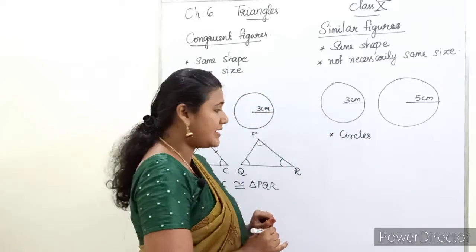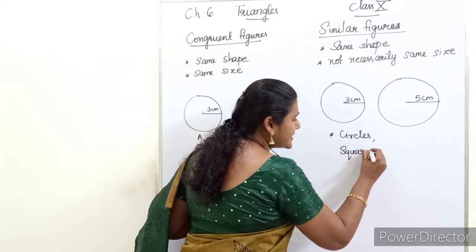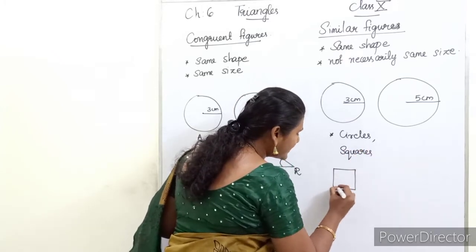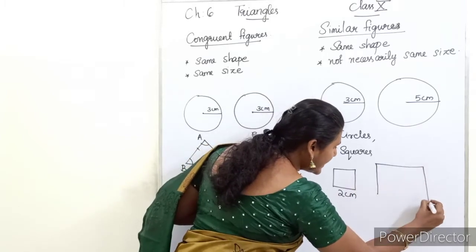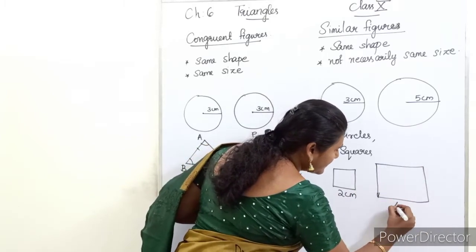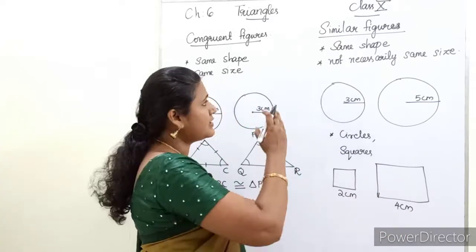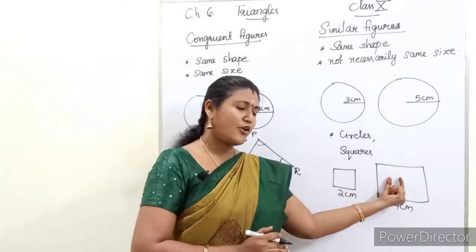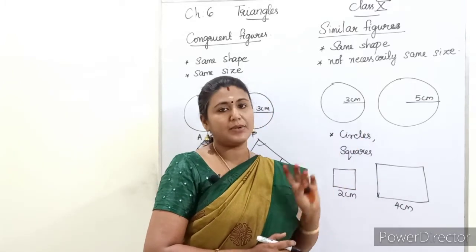First one circle and another example is square. If I am taking a square of side 2 centimeter and another square of side 4 centimeter, then these two squares are having same shape but the size need not be same. So we can call these two squares are similar.